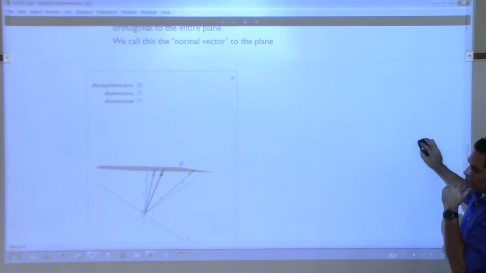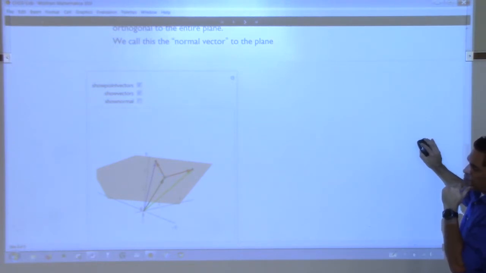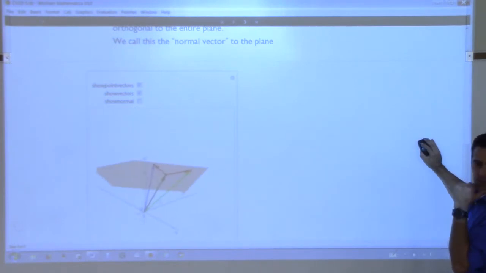Now, keep in mind, those vectors go from the origin to those points, right? Now, I'm going to look at the vectors that are going from this point to this point and this point to that point. You'll see it? Those 2 red vectors live on that plane, don't they?